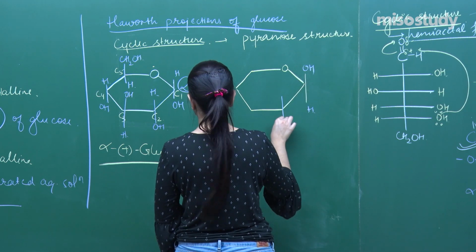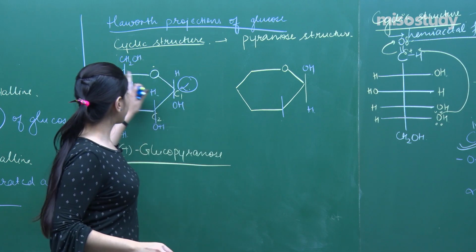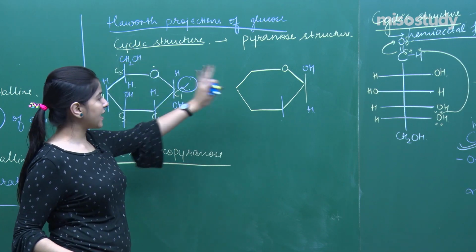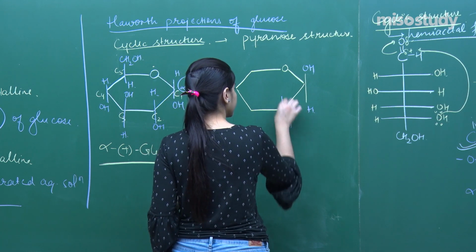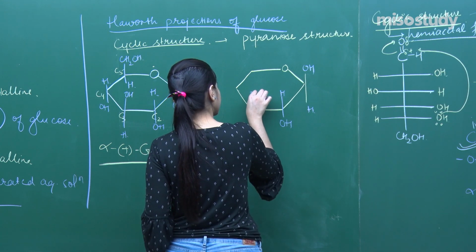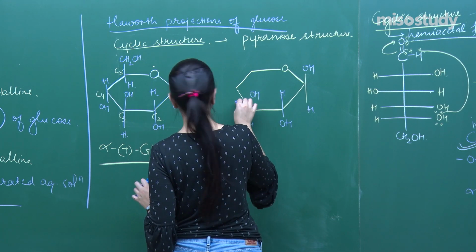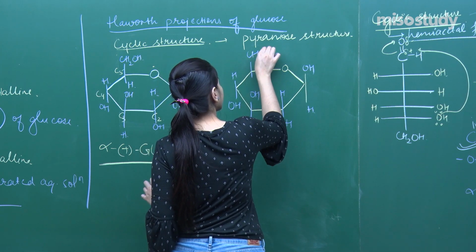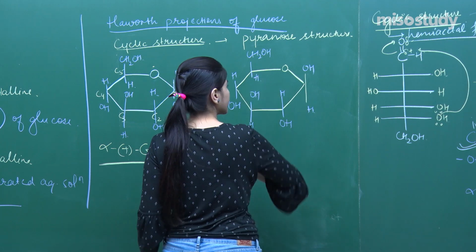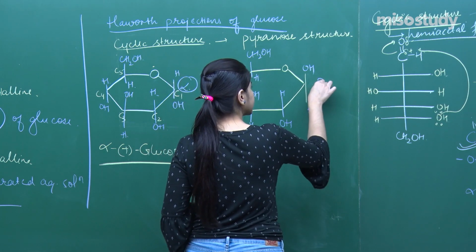Fine. The rest of the structure basically remains the same, so you can exactly copy it. So it's like this. Clear? So it's the beta form.